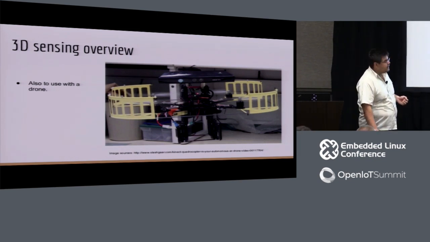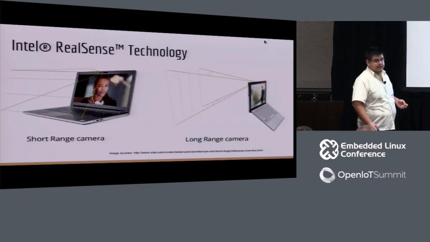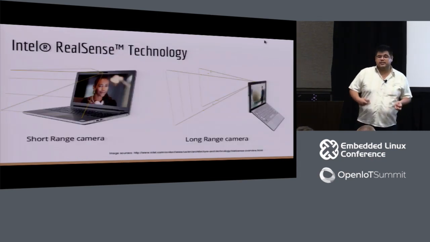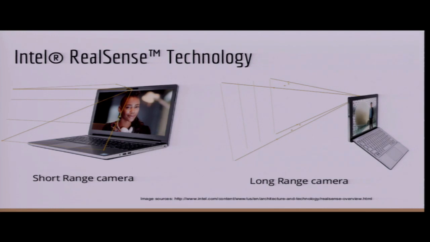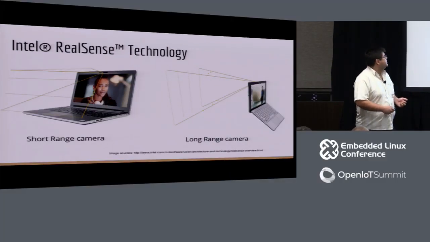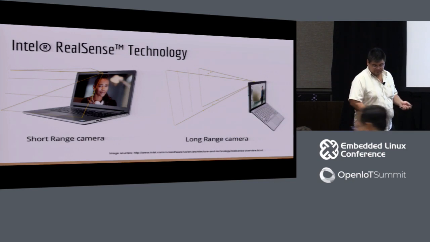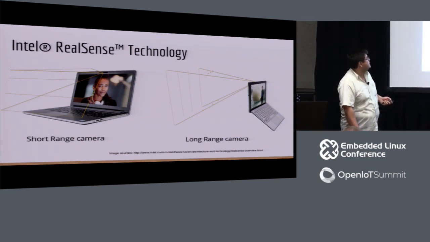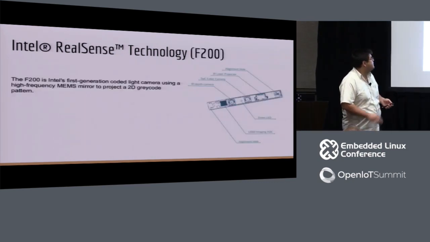So here is where Intel comes in. It researched and developed a new technology called RealSense. Right now it has 2 products, RealSense for short range and long range. We call them the front camera and the rear camera. As you can see, it is inside a laptop, so the size is reduced.